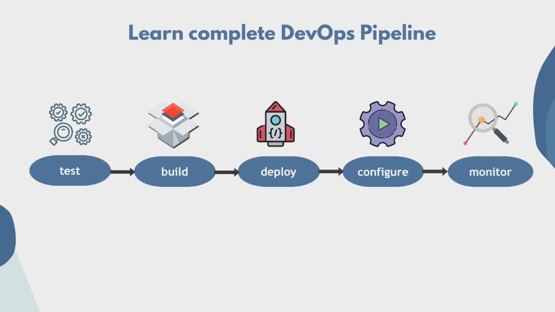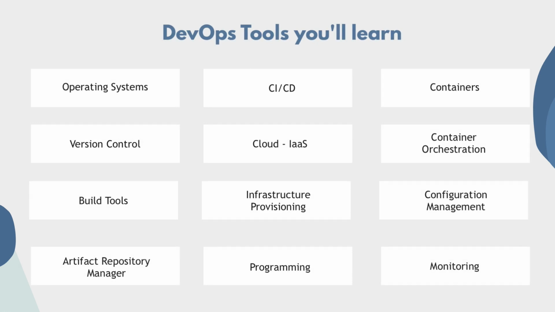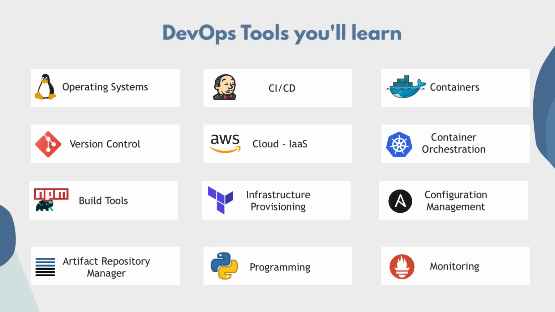So by the end of the course, you'll be able to set up a DevOps pipeline completely. You will know all the DevOps concepts that you are going to need to build your further knowledge on. And in each area or for each concept, you will learn at least one DevOps tool to get your first practical hands-on experience with these tools.